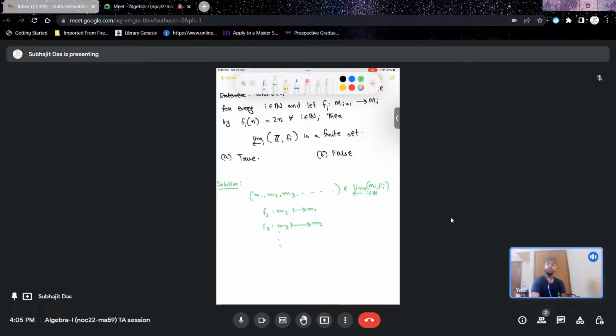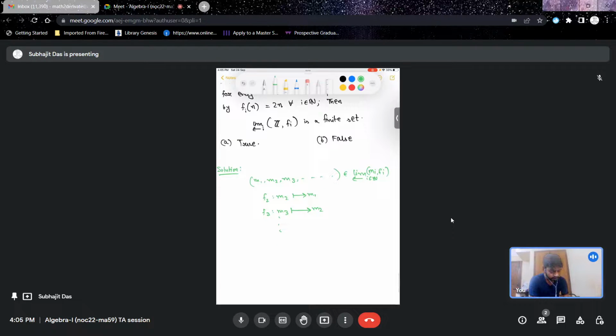Now we do indeed have the internal description, right? We know how it looks internally, so we need to figure out whether this is a finite set or not. Let n1, n2, n3, n4 and so on be an element in the inverse limit.